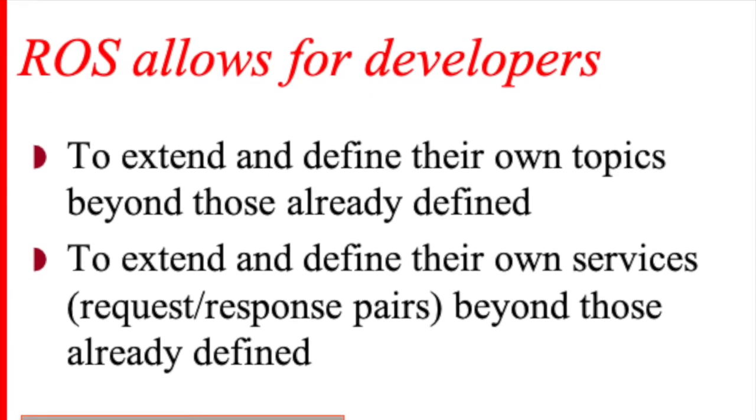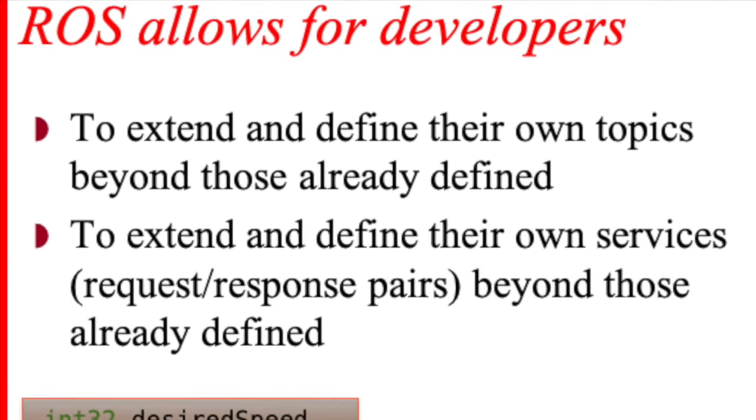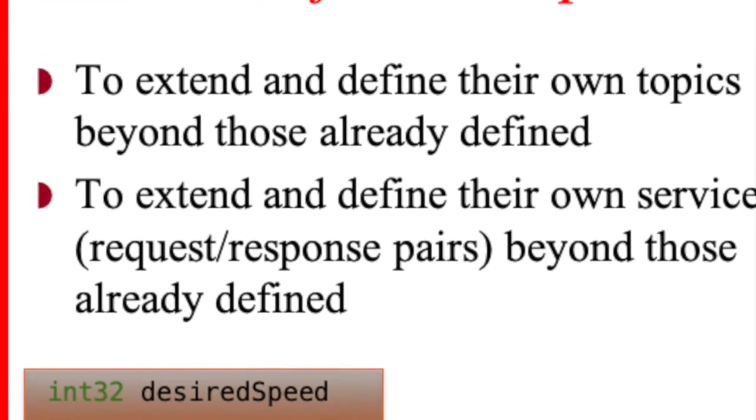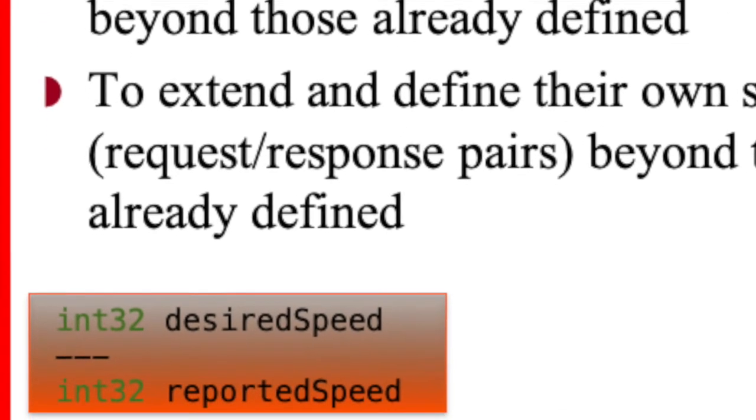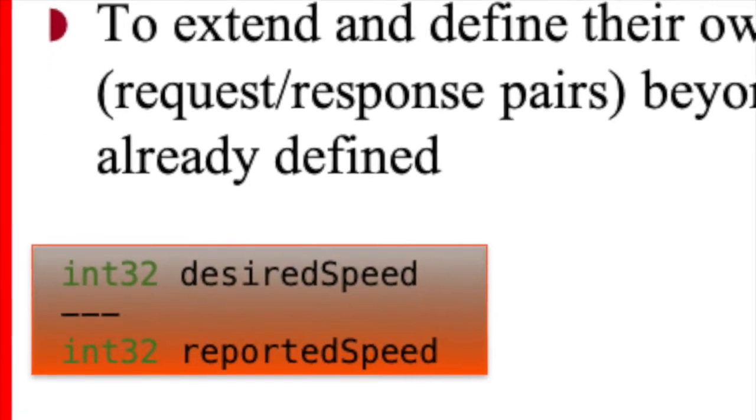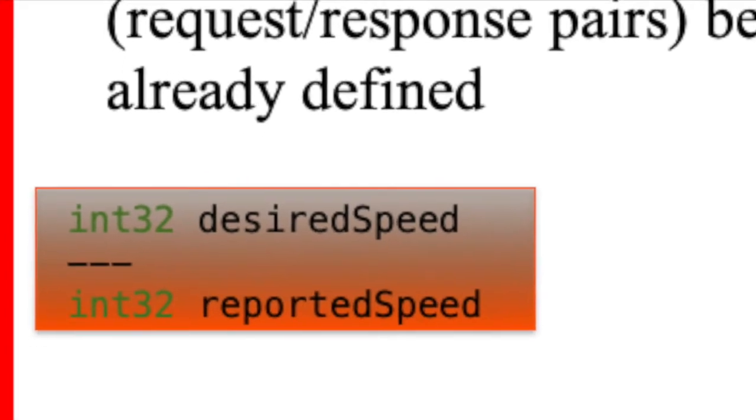ROS today is the most widely used middleware for programming robotics and in some cases embedded systems. It has several advantages. The API to the middleware has been standardized, but you can extend the topics or the services.